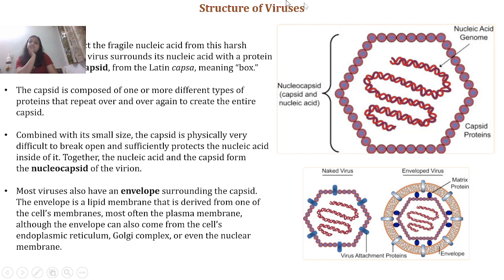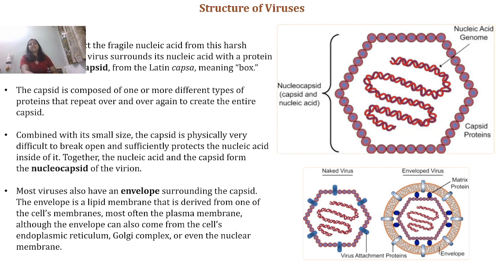This capsid is composed of one or more repeating protein units that create the entire capsid. For example, these small round things are the capsid proteins, and they are in repeating nature, and they form the whole capsid, and they protect this genome. So it is very difficult to break this capsid open, and it protects the nucleic acid inside it.